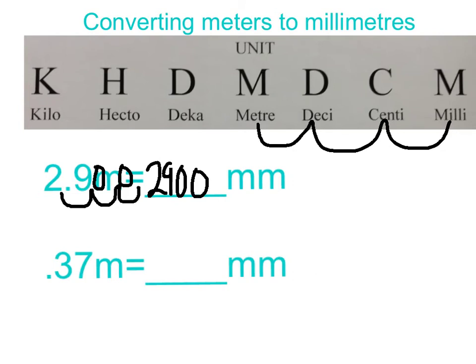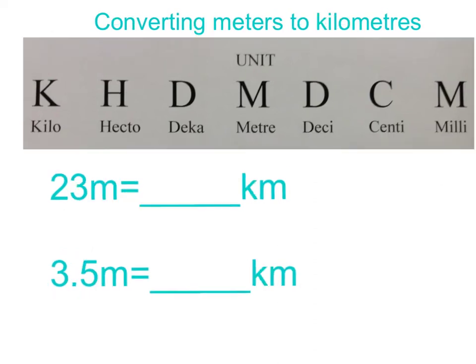Now, this is a decimal one, so there are no whole numbers, but we're still going to move it 3 places. So 1, 2, 3, and we have the 0 there, and it's 370 millimeters. So there's 370 millimeters in decimal 37 meters.